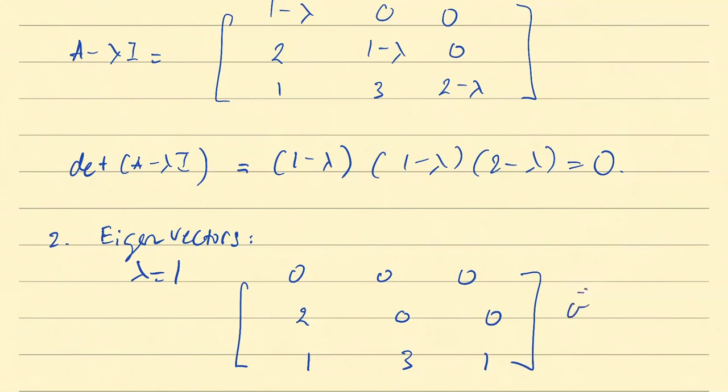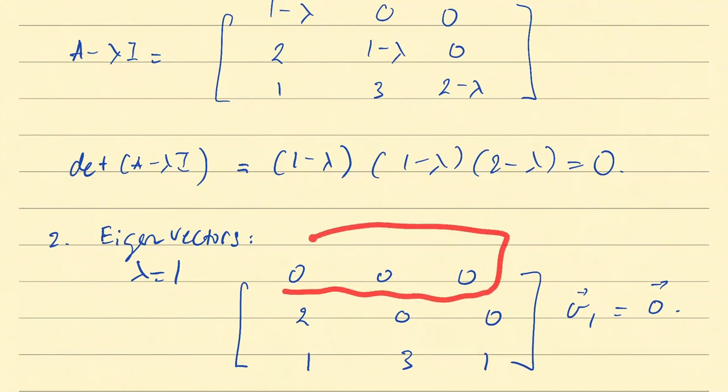Yep, 1. Where does the 1 come from? It's already reduced. Remember the concept of free variable? How many free variables do you have here? The rank here is 2, so the number of free variables is only 1, because you only have 1 row of 0. So you only expect 1 eigenvector here.